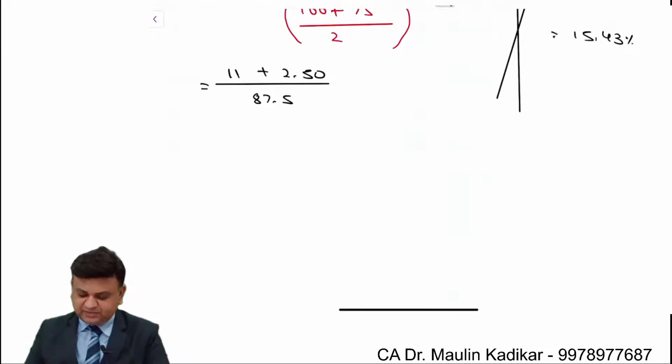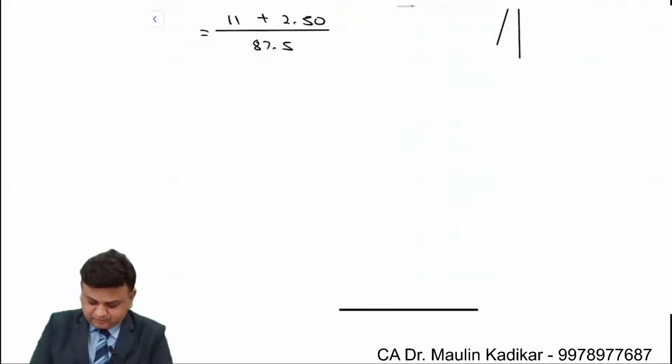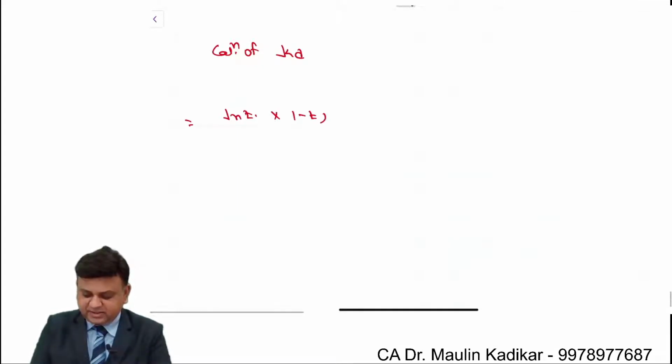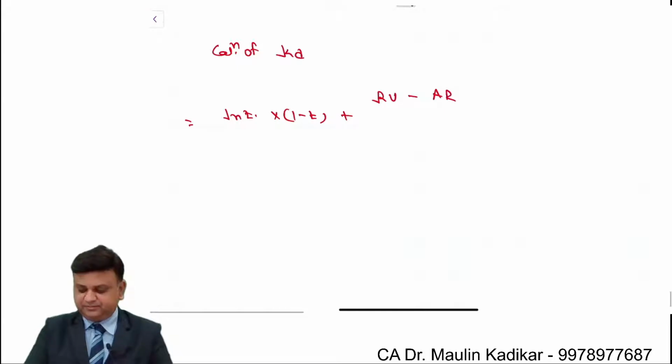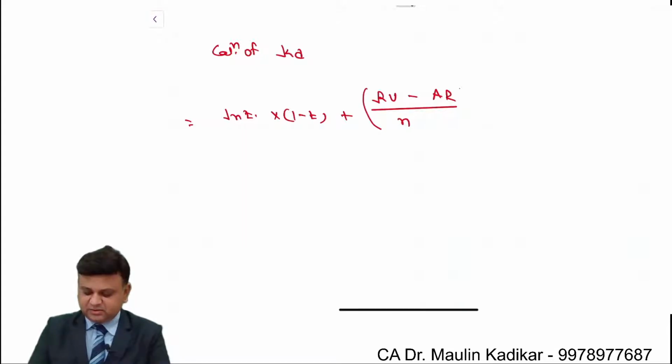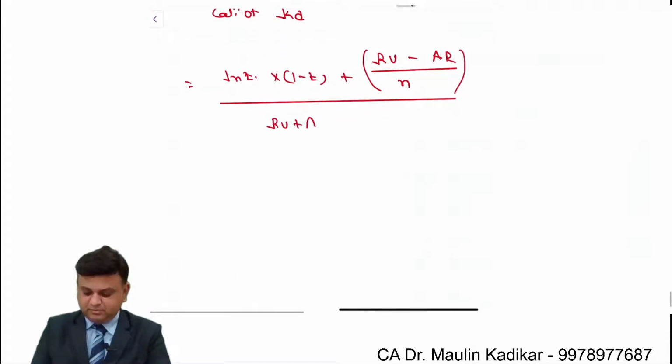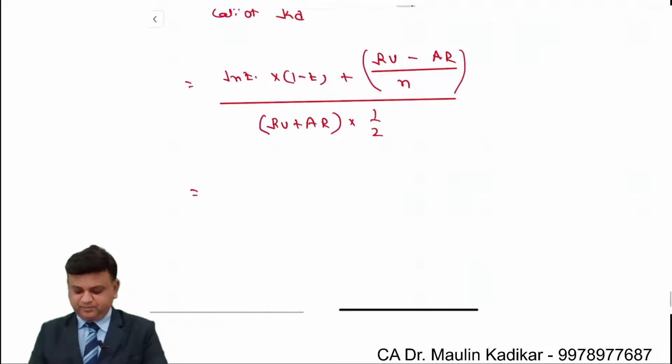So in case of the cost of debenture, the calculation of Kd, cost of debenture, will be: interest into 1 minus T plus redemption value minus amount received, divided by the number of years, whole divided by redemption value plus amount received, whole into 1 by 2.